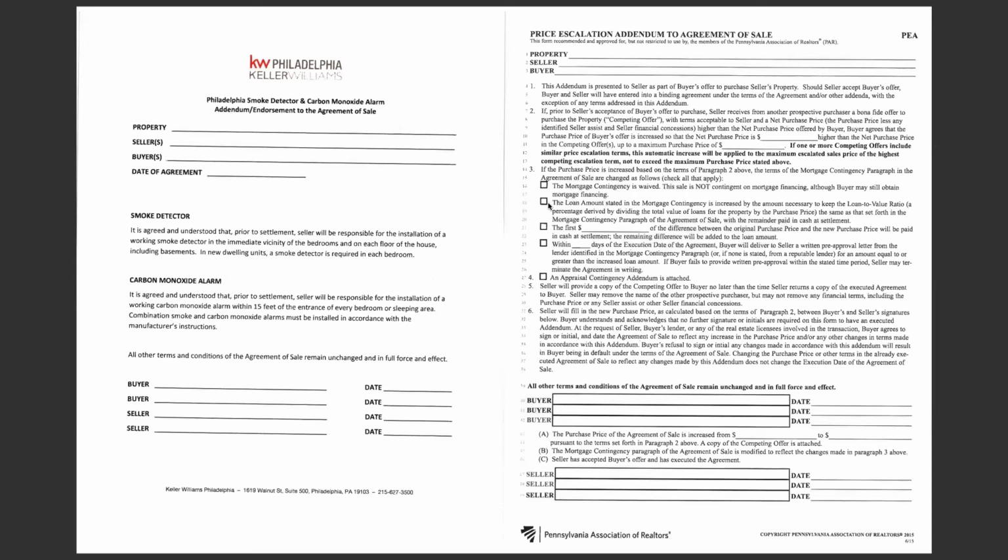If the next competing offer is $352,000, your buyer is willing to go to $353,000 because it is under the margin that has been set at $355,000. Okay, so this kind of gives you a general idea, but I highly recommend you read this over so you understand the other paragraphs within it.